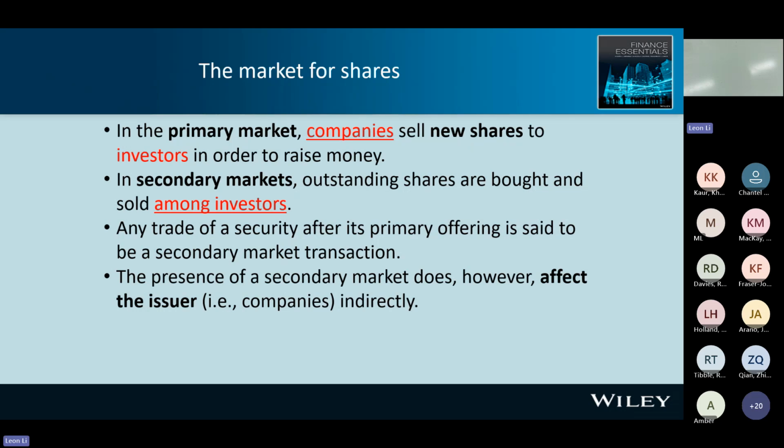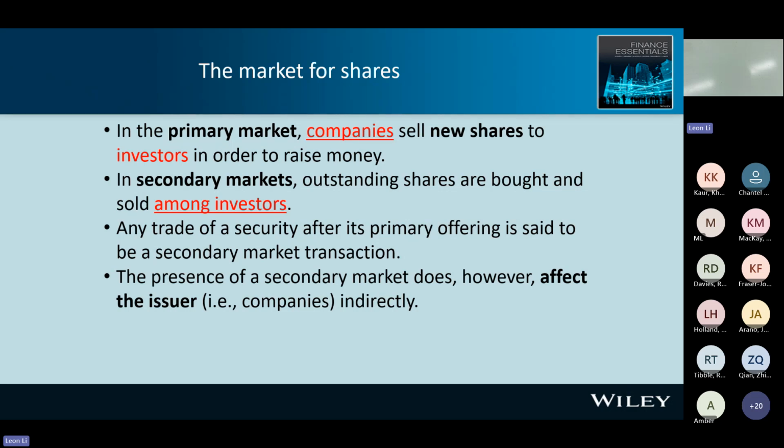The next slide, the market for shares. We have 2 markets for shares: one, the primary market; second, the secondary market. When I say primary market, companies sell new shares to investors to raise money.